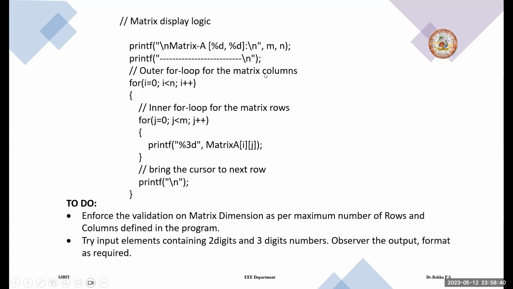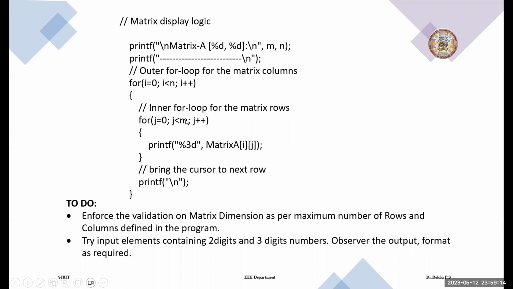So outer for loop for the matrix columns, i equal to 0, i less than n. If the condition is true, next it will get inside. For j equal to 0, j is initialized to 0. It will check the condition whether that 0 is less than m.